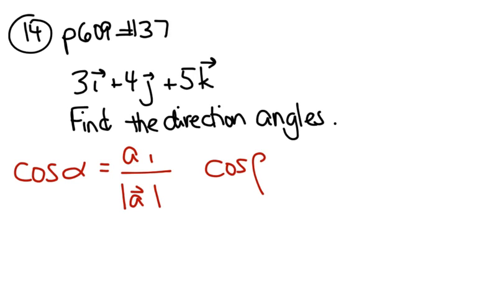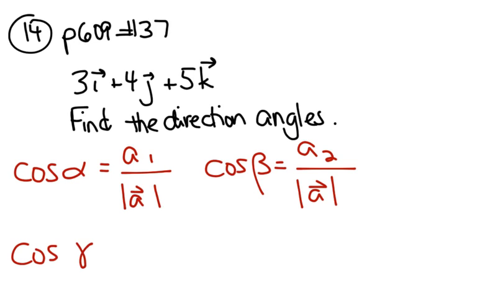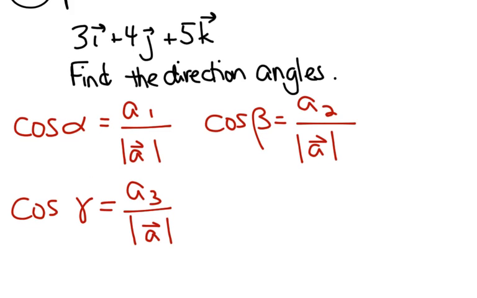The cosine of beta is the second component divided by the magnitude. And the cosine of gamma is the third component divided by the magnitude. Alpha is the degrees from the x-axis, beta is from the y-axis, and gamma is from the z-axis.